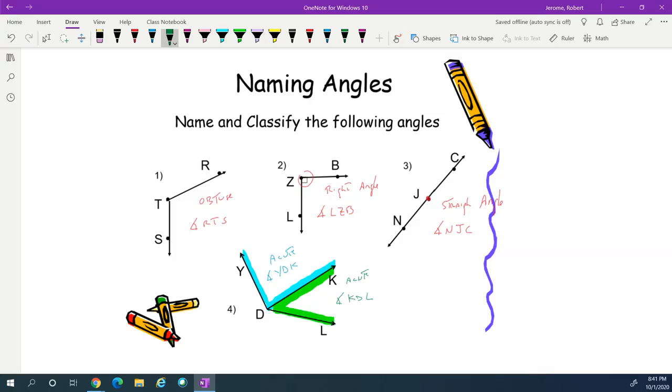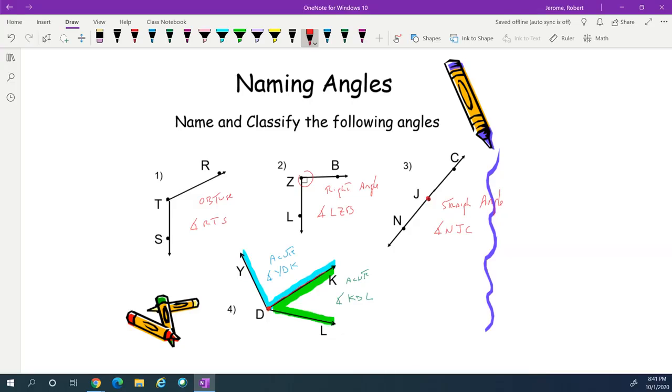Now, these 2 angles are considered to be adjacent to each other. Adjacent just means next to each other. And they share the vertex. So again, adjacent means that they're next to each other. They share the vertex and the line that separates them. And that's it. They don't share anything else.